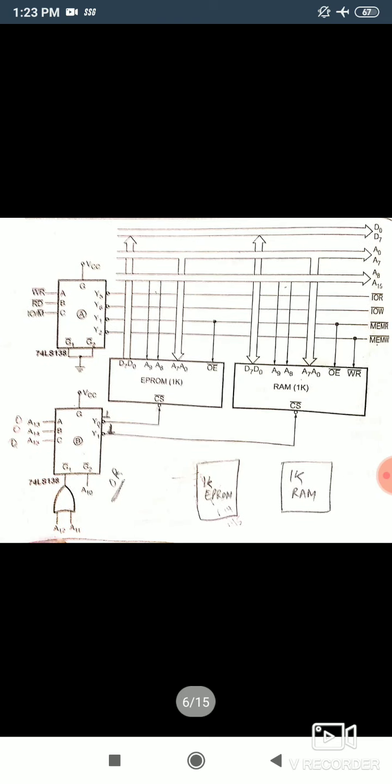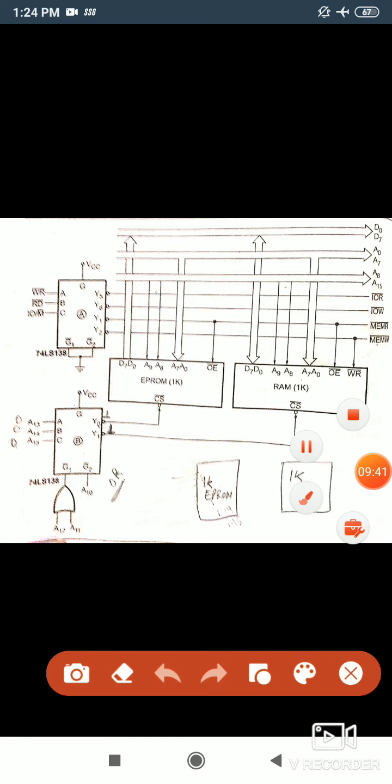Now we will draw the map of A10 to A15 afterwards. Now see, what is the status of A10 to A15? Here in the diagram, A10 is 0, A11 and A12 are 0, these are fixed.